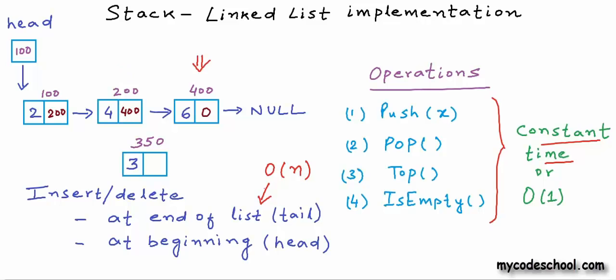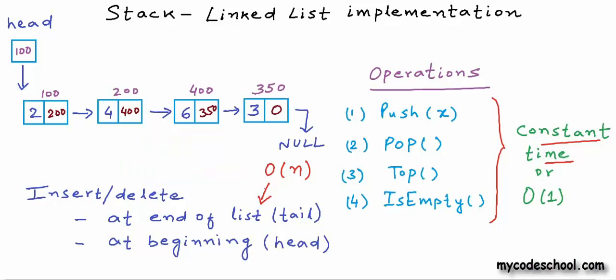It's like playing treasure hunt. You go to the first guy, ask the address of the second guy, and then you go to the second guy, ask the address of the third guy, and so on. Now once I've reached this last node in my example here, I can set its address part to make it point to the newly created node. All in all, this operation will take time proportional to number of elements in the linked list.